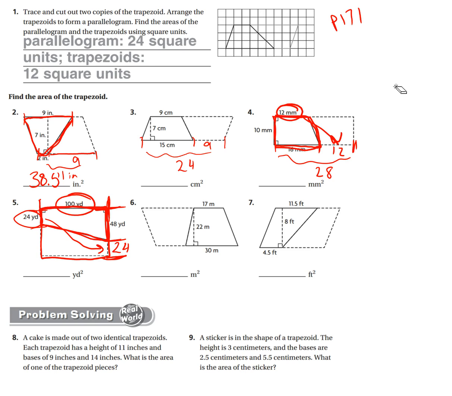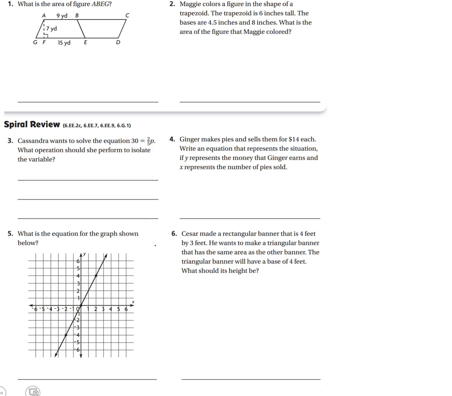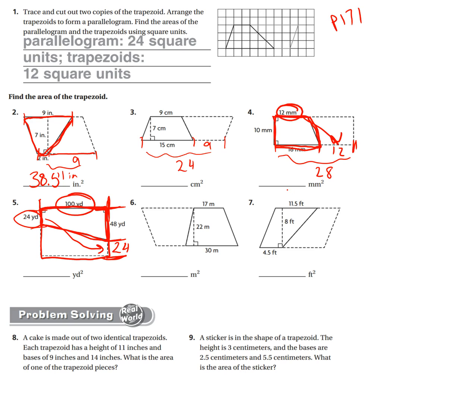Okay, let's look at the next one. We have a parallelogram. Whoops, I don't know why that one happened. See, I find something new, a new problem every day. We have a parallelogram.